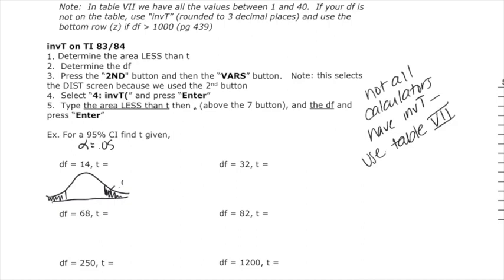So that means the area in this tail is 0.025, and this is 0.025. I'm going to use the inverse t function. I'm going to type first the area to the left. So I'm looking at this area right here. It is 0.025. The degrees of freedom are going to be 14.